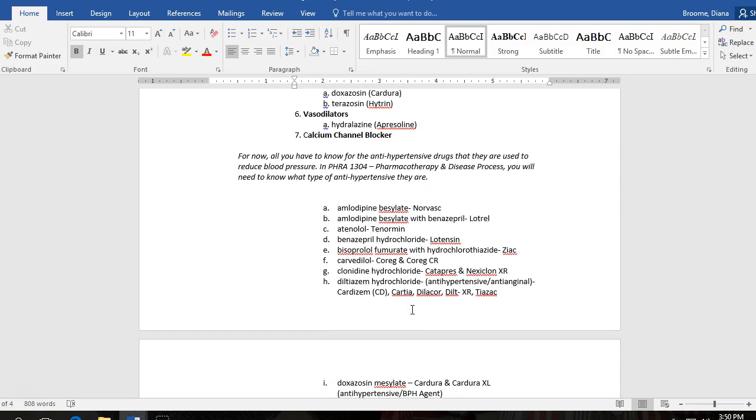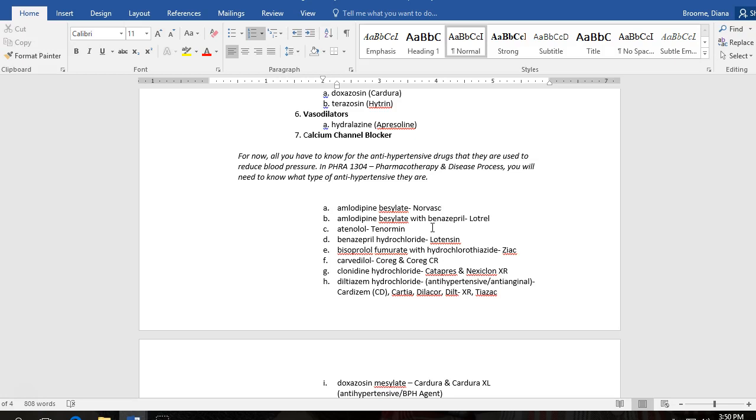I'm not going to ask you to do that for this particular class, but an example could be Norvasc. Norvasc is a calcium channel blocker. Atenolol is a beta blocker. Carvedilol is a beta blocker. Clonidine is actually a central nervous system drug, but it can also help in reducing blood pressure.